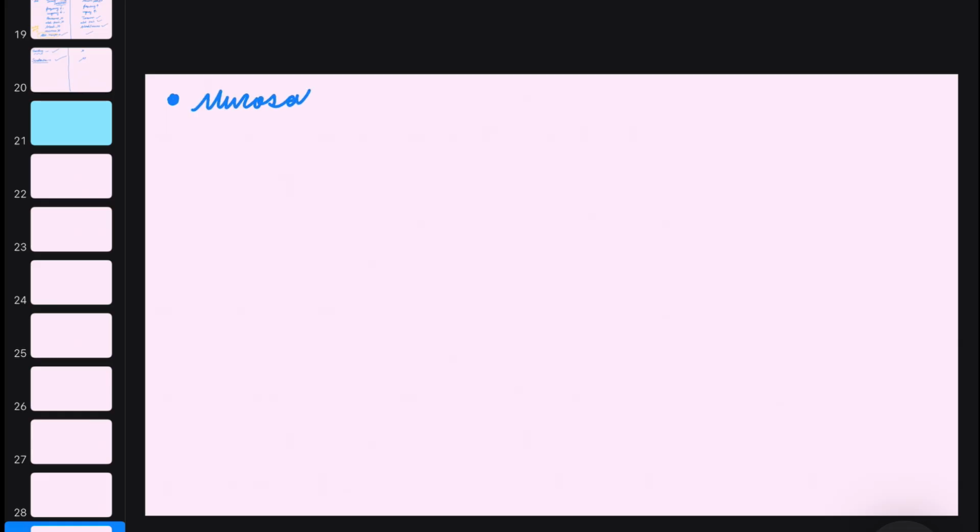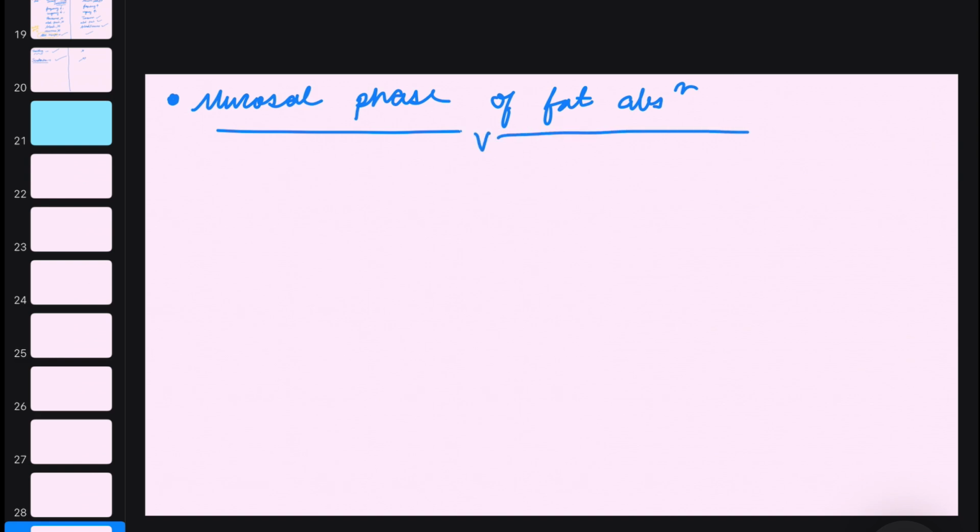Now, I'll give you a cheat code for understanding the mucosal phase of fat absorption. You don't need to know the details of it, and there are not many details to discuss here. The mucosal phase of fat absorption is basically just enterocytes absorbing the micelle, and then not much happens.